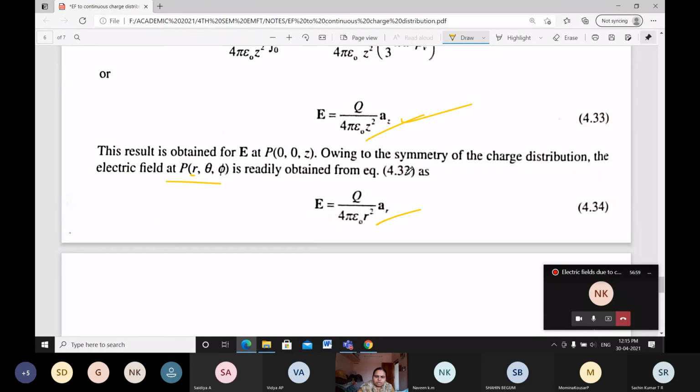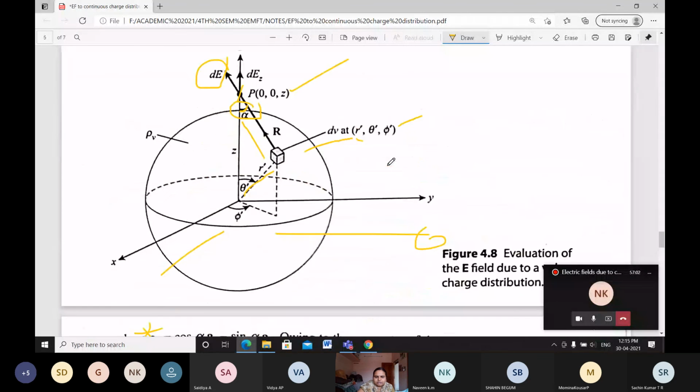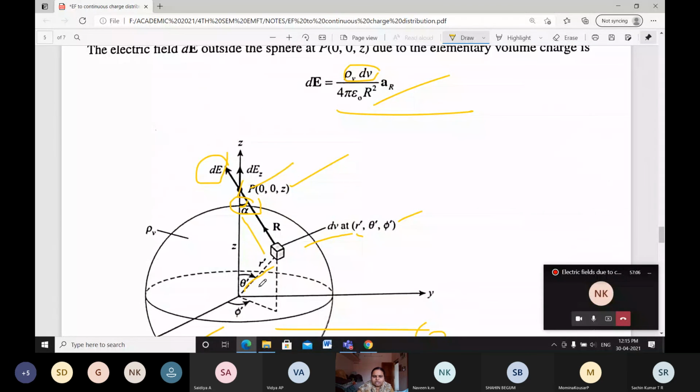It means that wherever you go, the electric field intensity at any point is the same as if the charge were at the origin. That's the meaning here.